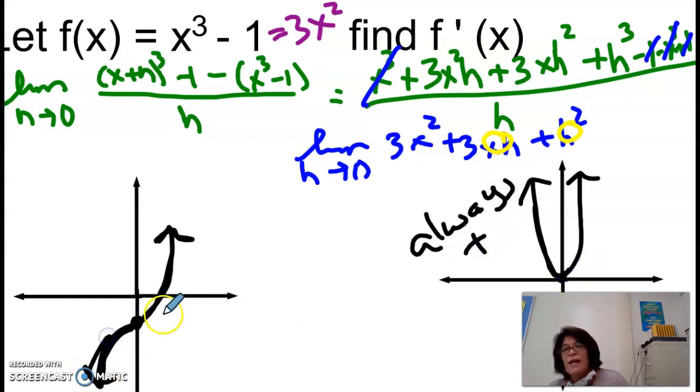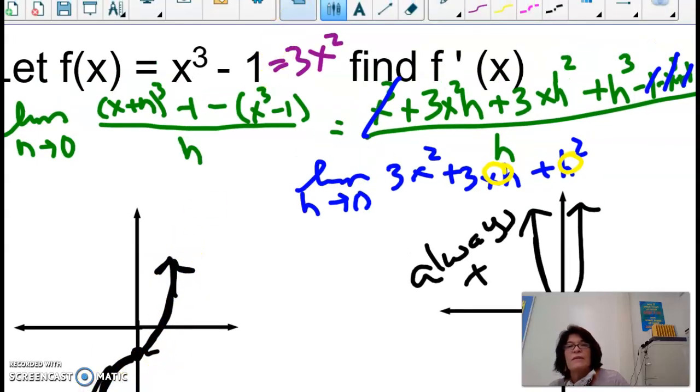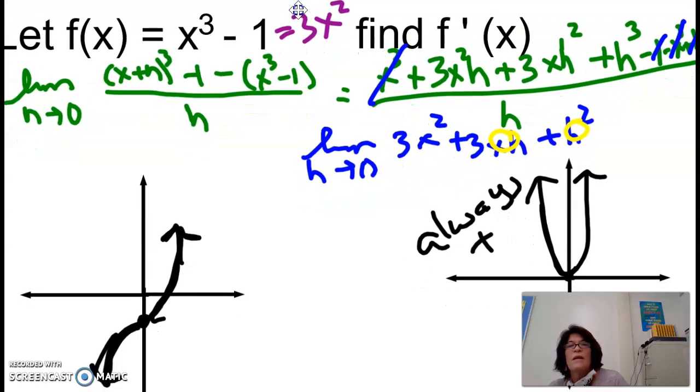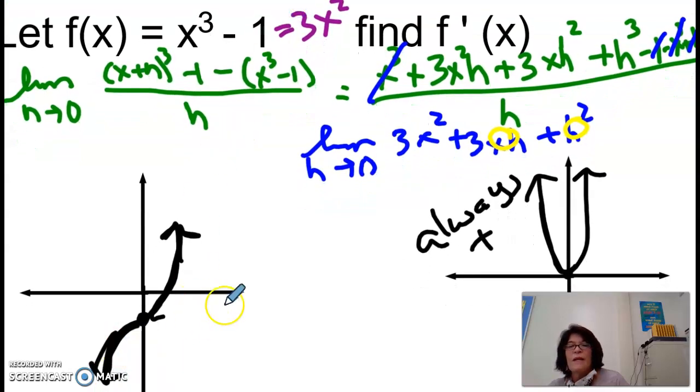And this, if you look at it, isn't the slope of the tangent line always going to be positive? Right? Always positive. That's kind of how they go together a little bit, okay? Just a little bit of checking out the graph as we go. The graph of the function versus the graph of the derivative. Okay, oh, I shouldn't have put that equals there. That doesn't equal that, I'm sorry. The derivative of x cubed minus 1 is 3x squared.